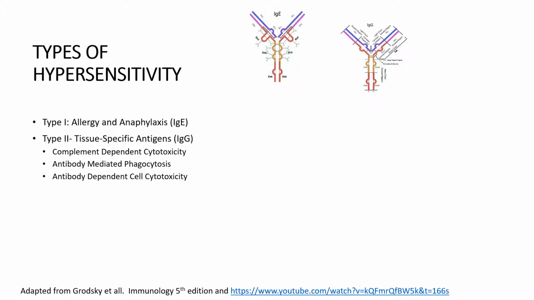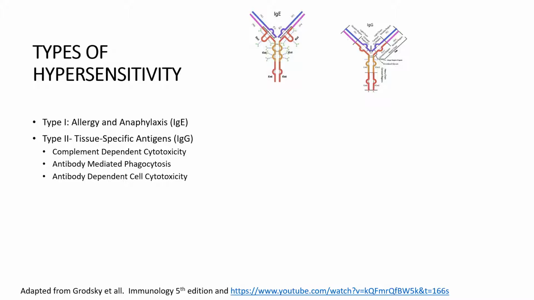The other one is antibody-mediated phagocytosis, where the IgG binding to the cell surface stimulates macrophages. And finally, antibody-dependent cell cytotoxicity, where the IgG bound to the cell surface will be engaged by the Fc receptor of effector cells that kill the target cell.